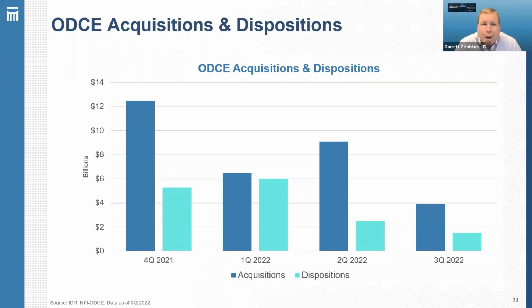Yeah, usually both in the fourth quarter. So when we look at this, acquisitions totaled almost $4 billion during the quarter, and dispositions totaled about $1.5 billion.